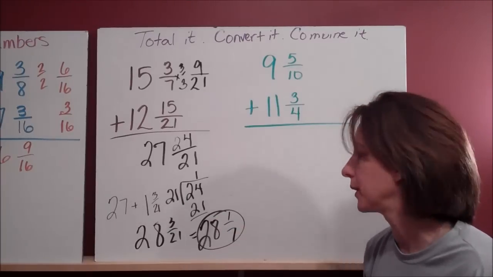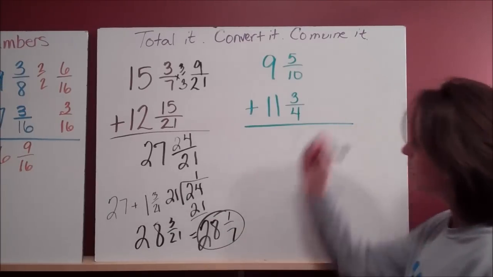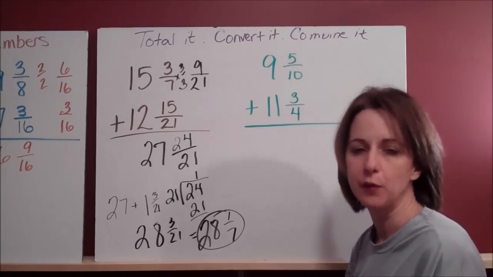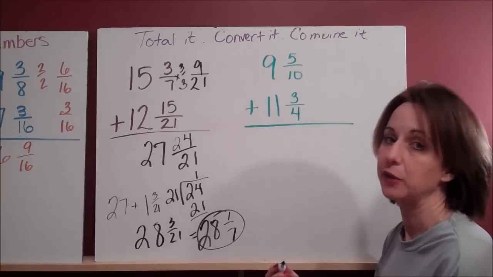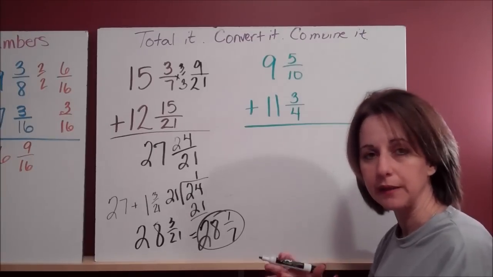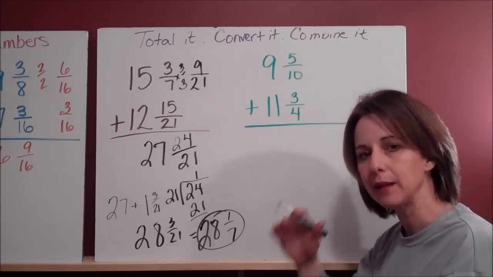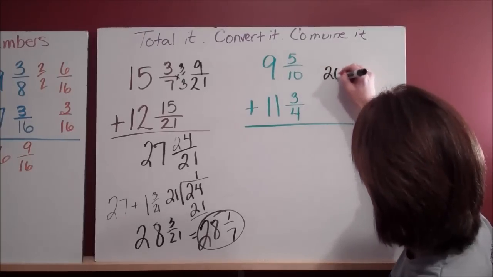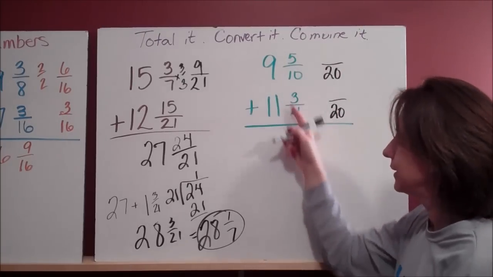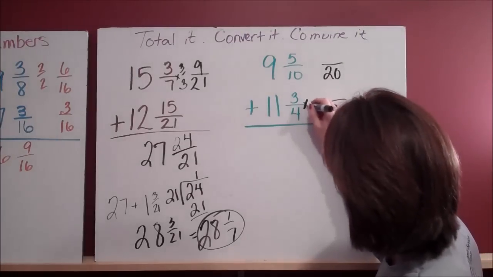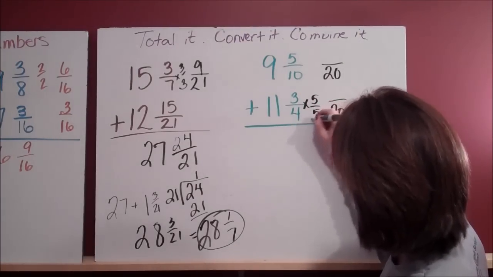Okay, let's look at another example like that. 5/10 and 3/4. I have to turn them both into a denominator that they share. So if I were to use my least common multiple chart and count by tens and count by fours, I would see that both of these could be converted to 20ths. On this fraction, I have to use the form of 1 known as 5/5.